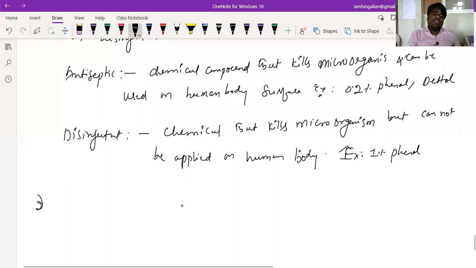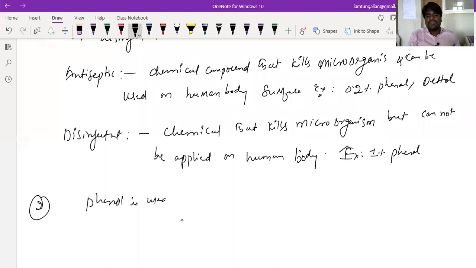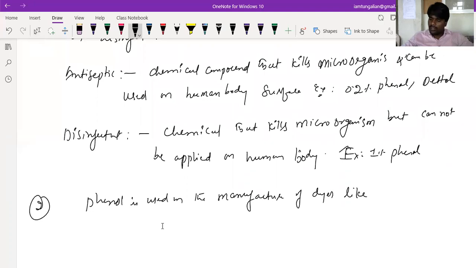And if I say the second use, phenol is used in the manufacture of dyes like para-hydroxyazobenzene, which is used as a red dye.